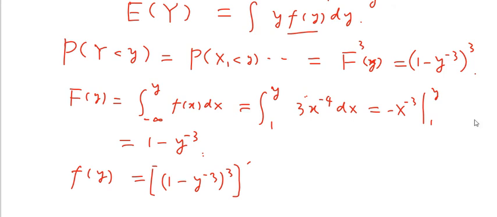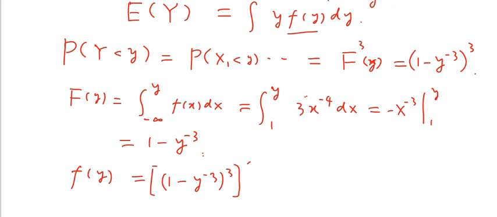Okay, so here this just becomes a math problem, right? There's a derivative equals 3, 2, and there's a derivative of y^-3, the derivative equals -3y^-2.